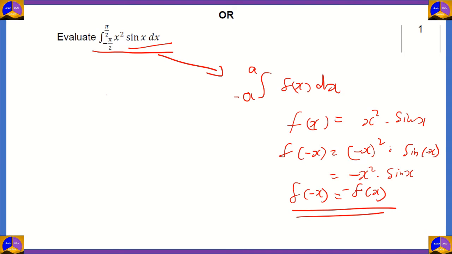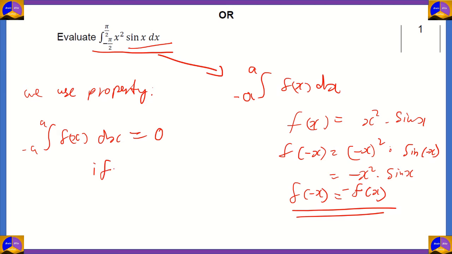When this happens, we use another property related to definite integrals. The integral from minus a to a of f of x dx is equal to 0 if f of minus x is equal to minus f of x.